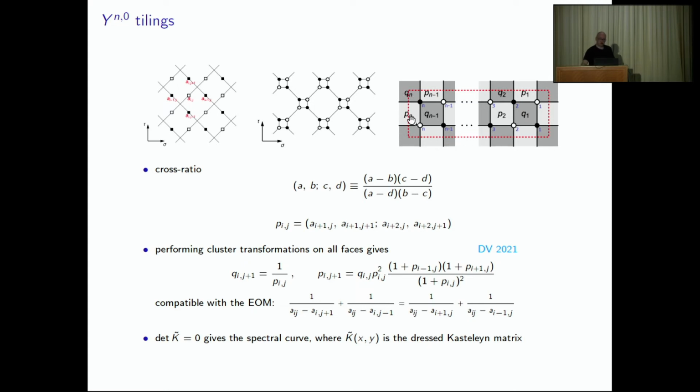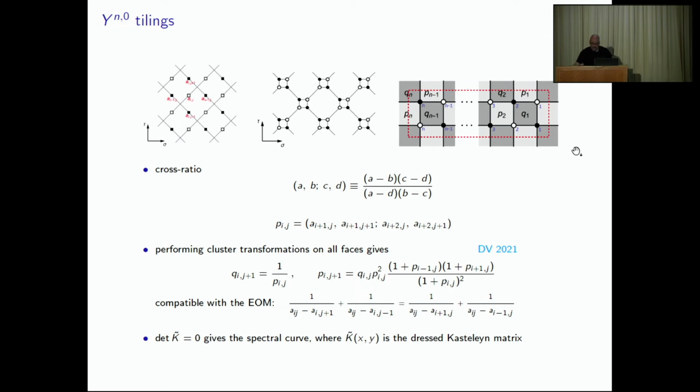But this vertical direction is always 2 squares tall. This is the auxiliary direction of your spectral curve. Okay, so this is the brane tiling. For a segmented string with n segments, it's a 2 by n square lattice and doubly periodic.